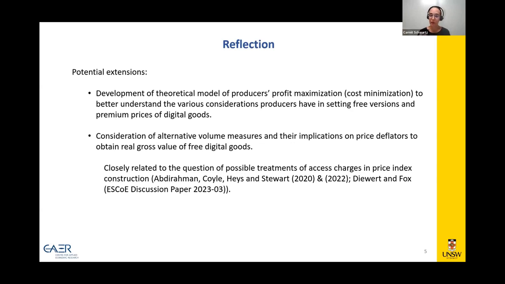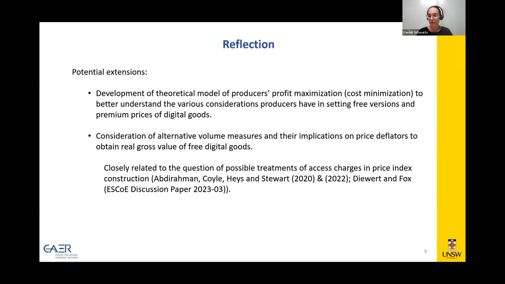Now, by assuming that the volume measure should be represented by the number of subscribers, we effectively assume that the quantity that a household consumes in each period is fixed. So this is basically equal to 1. And in this case, the implied price index at the household level will only be affected by relative price changes, while the aggregate level of the implied price index will only be affected by changes in the number of subscribers.